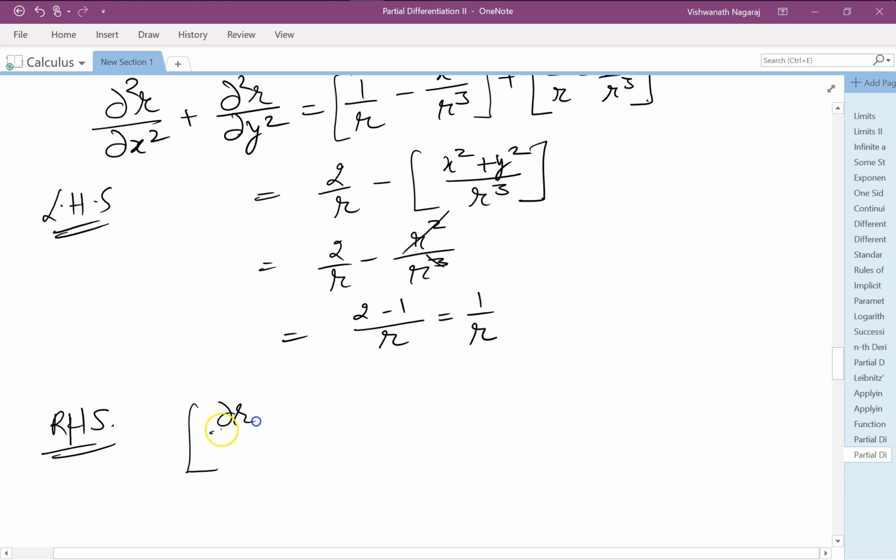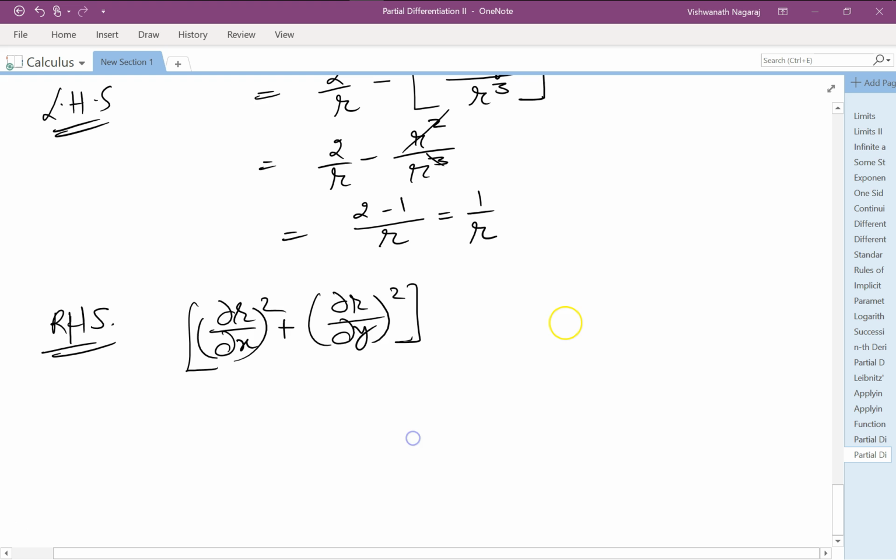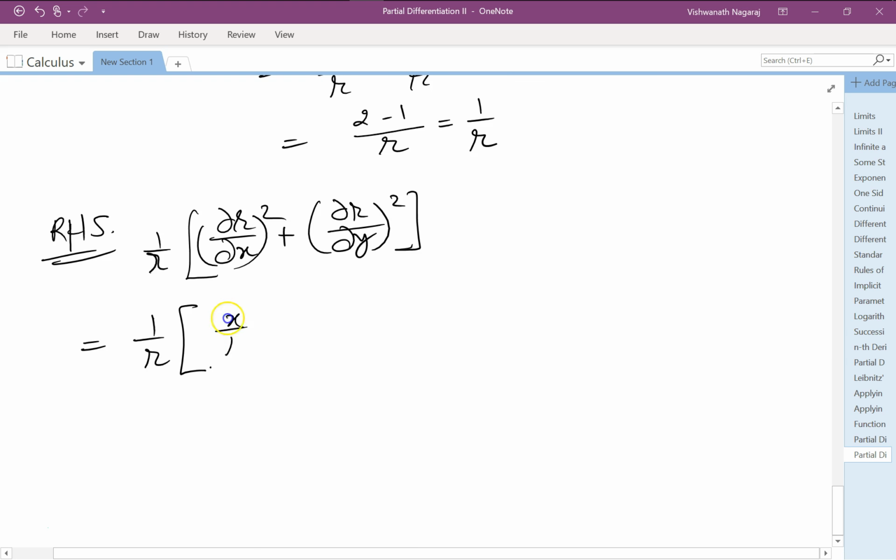Now dou r by dou x the whole square plus dou r by dou y the whole square, times 1 by r. Now this would be equal to what? 1 by r times x by r the whole square plus y by r the whole square.